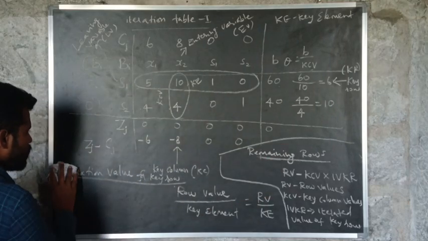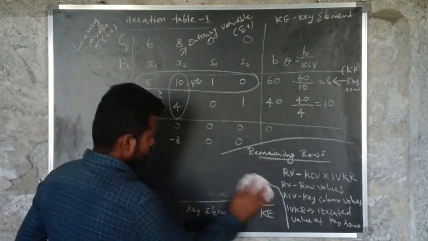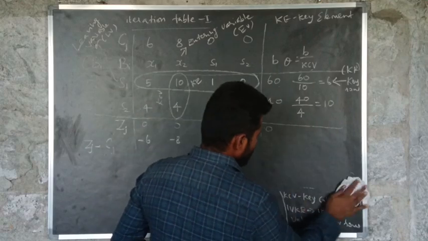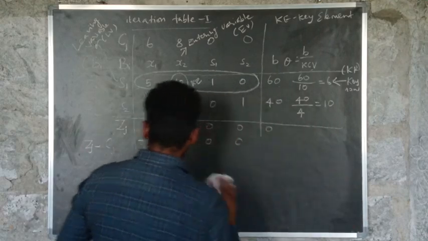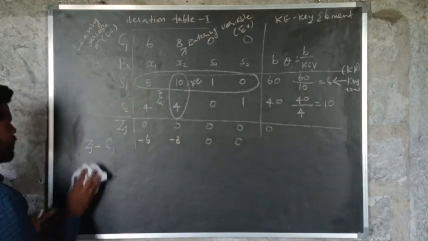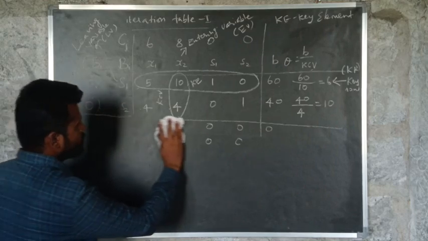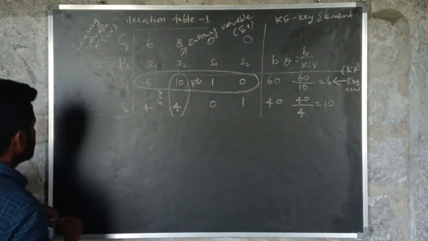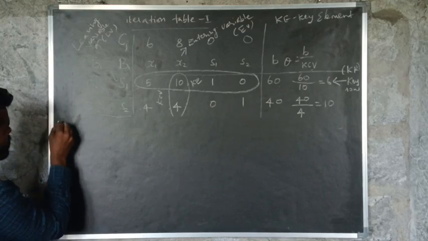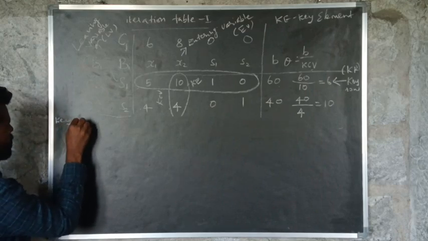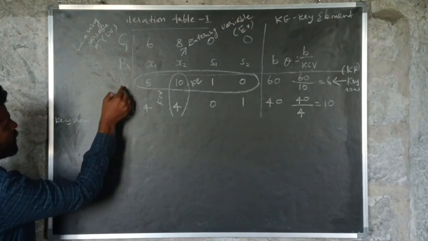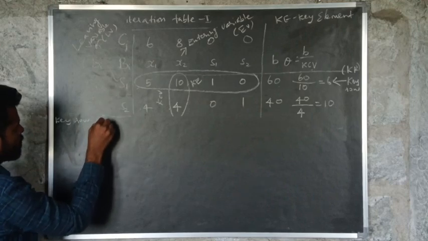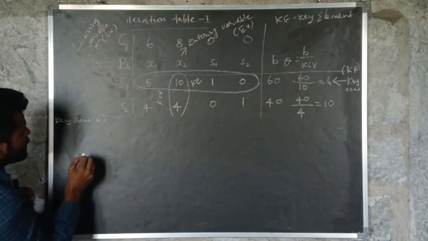I will keep it a little lower so that it is useful to refer to. The key row here is S1. How are we going to find the iterated value?